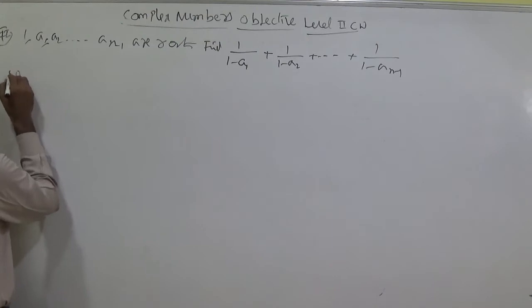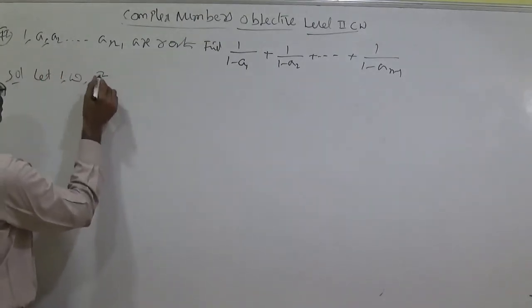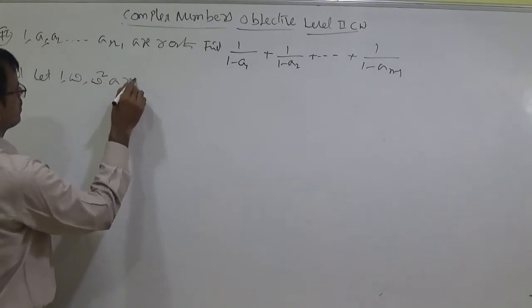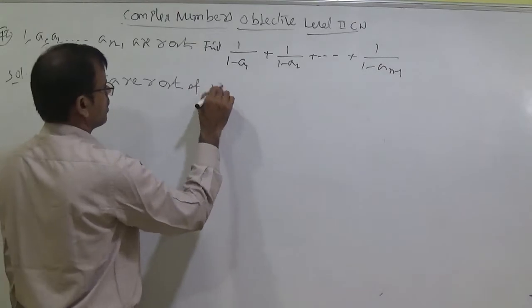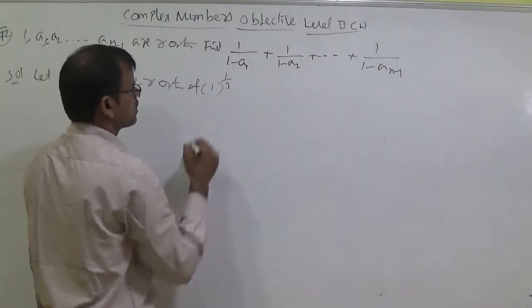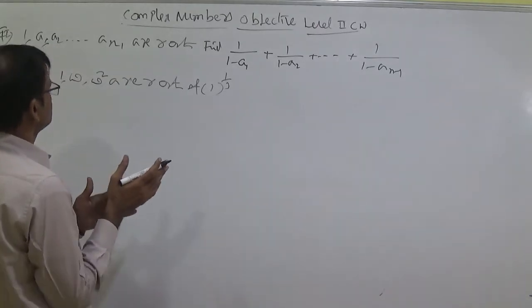Let 1, omega, omega square be the roots of 1 power 1 by 3. So we take n is equal to 3.